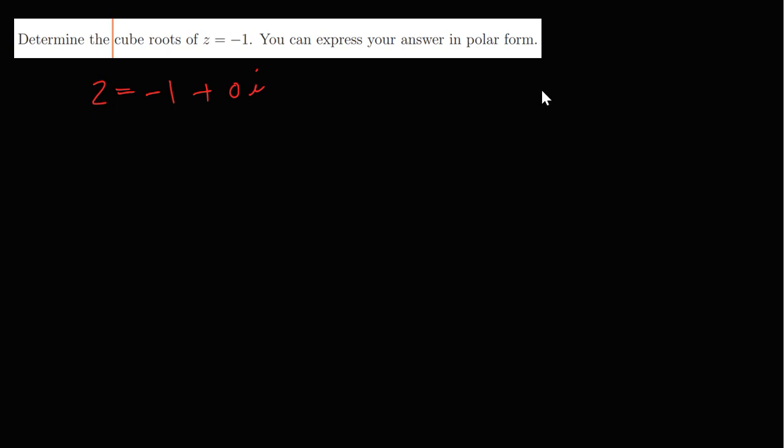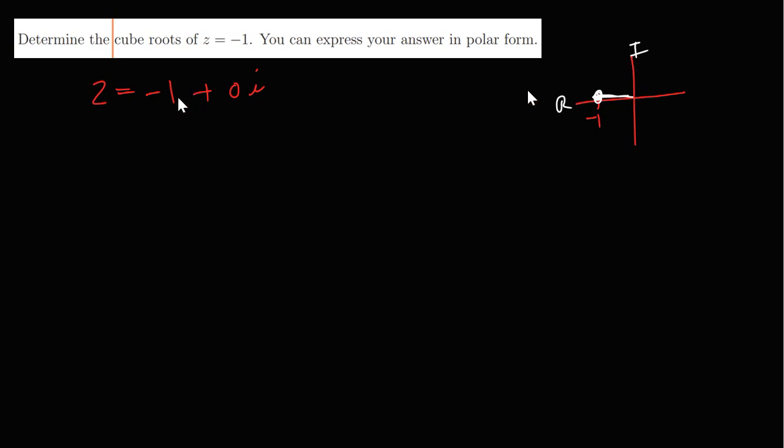So we can try to plot this, looking at it graphically. Maybe it will make sense. So this thing has only a real part, and the real part is negative 1. So exactly it runs here, lying exactly on the real axis, because the imaginary part is 0.